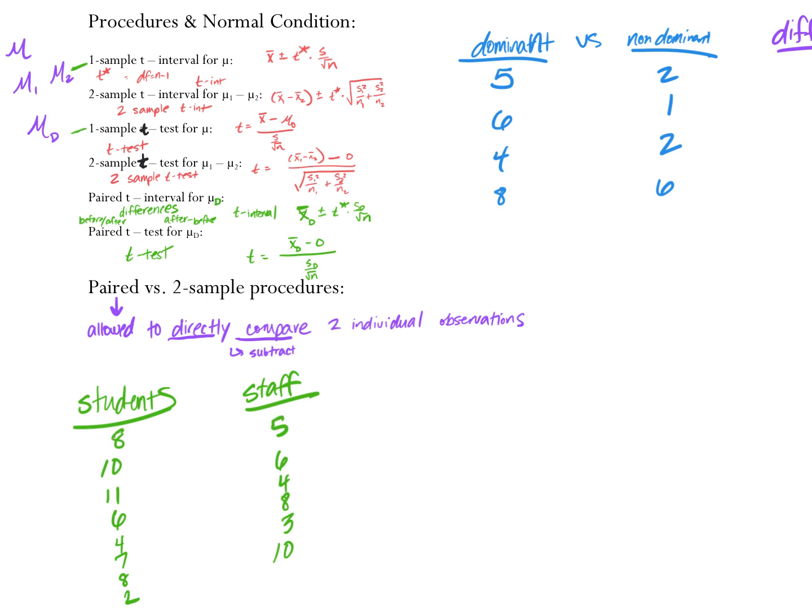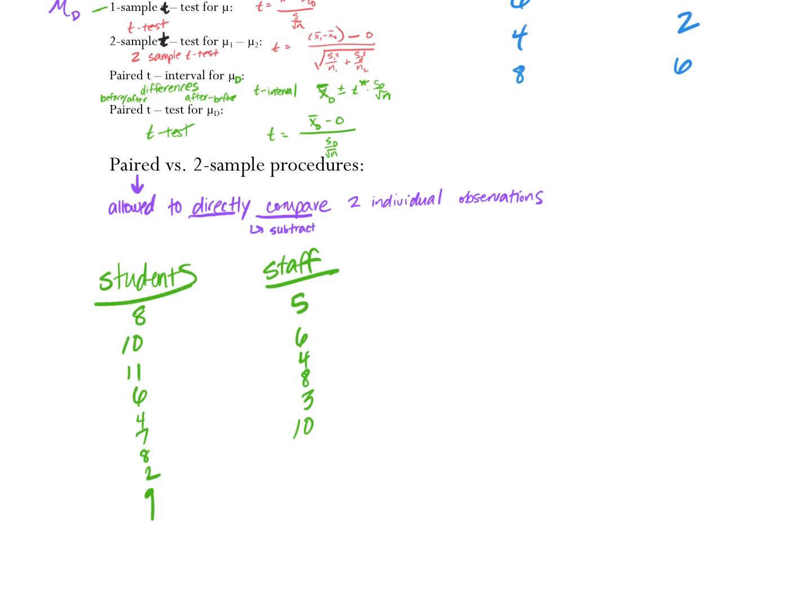So for this one, I would find the x bar for this group and the x bar for this group. I would find the means first, and then I would compare those two sample means. So I'm going to call this S, and I'll call this one T for teachers, to kind of help that through.